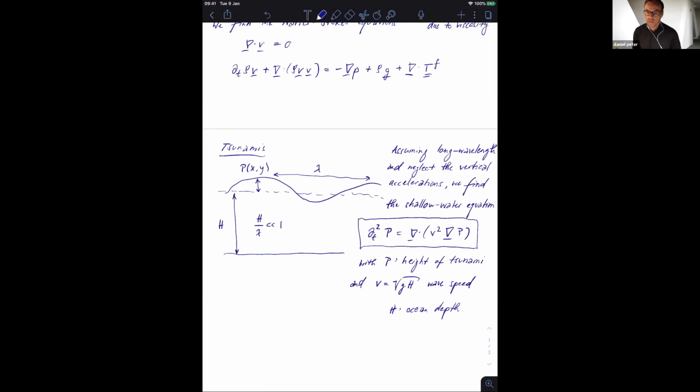That's the assumption that we have a long wavelength compared to the ocean depth. So that's when we are in this regime for the shallow water equation.